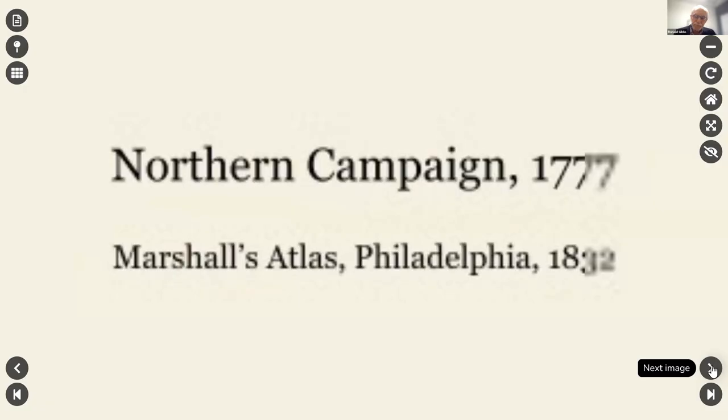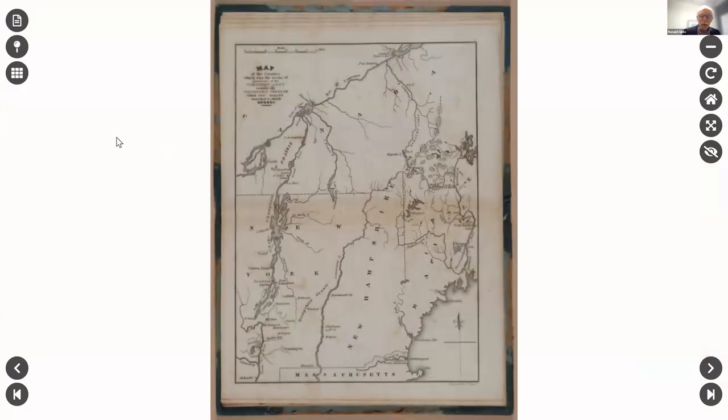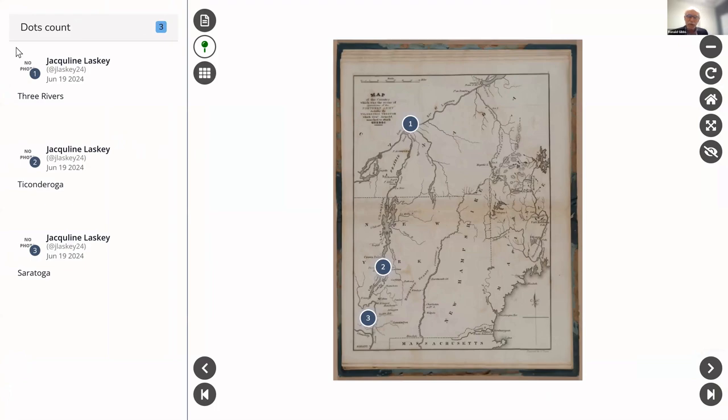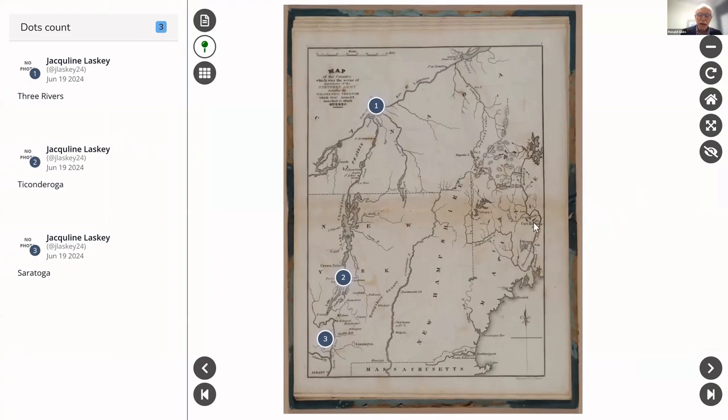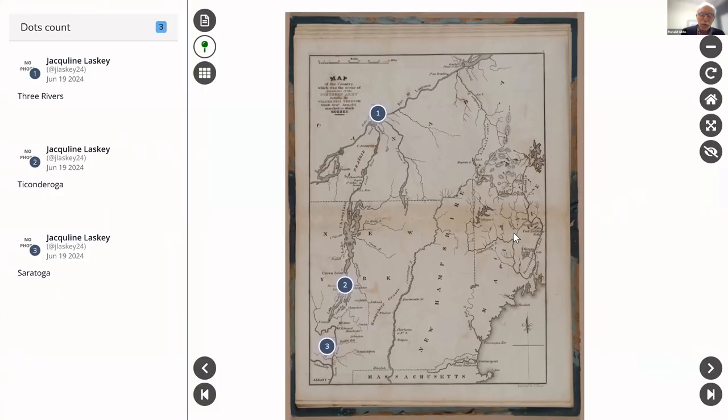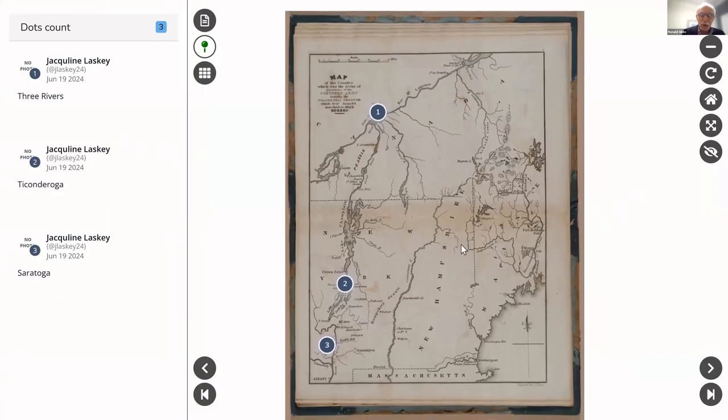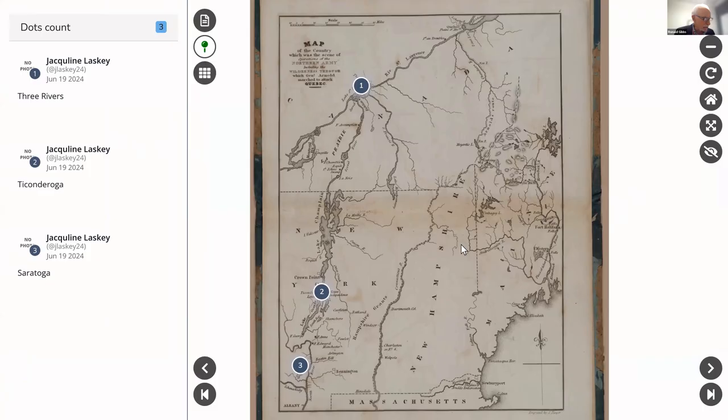Next slide. So while that was going on in Philadelphia, we must now turn to the Northern Campaign of 1777. Next slide. And now we will return to the map that we've seen before, but now we will focus on the left-hand side, going down through Lake Champlain and Lake George and to the Hudson River.